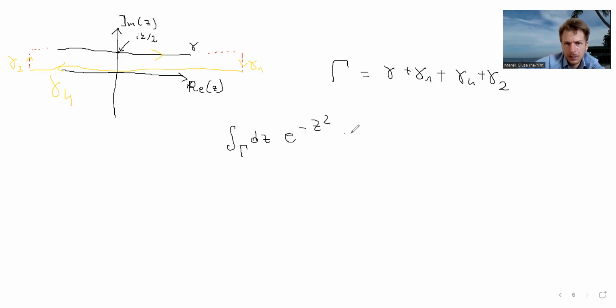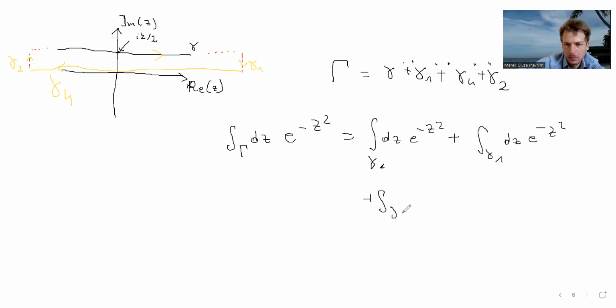Well, first of all, why I'm writing those additions is because this integral splits into a sum over gamma without the 1, our true gamma that we actually want to compute, plus the integral over gamma 1 dz e^(-z^2), plus gamma 4 dz e^(-z^2), plus gamma 2 dz e^(-z^2).